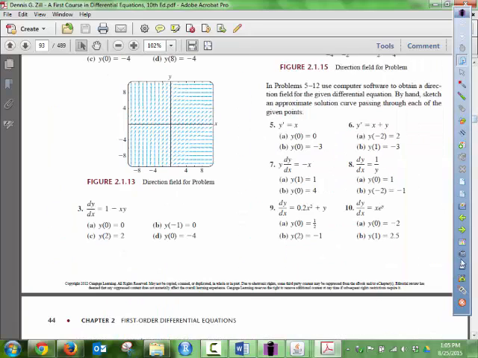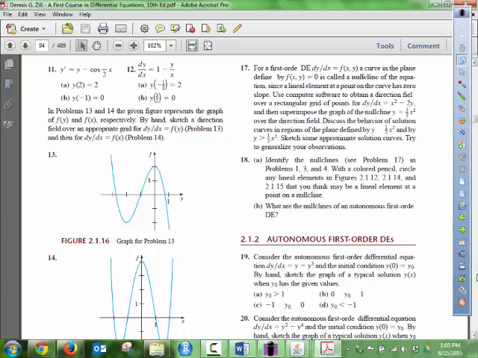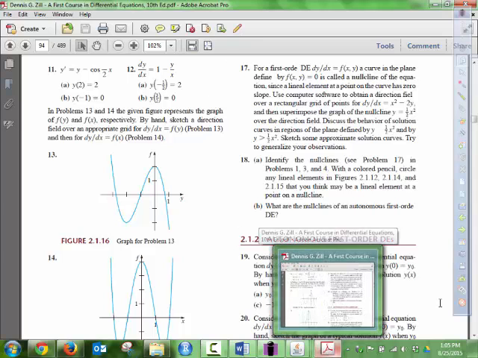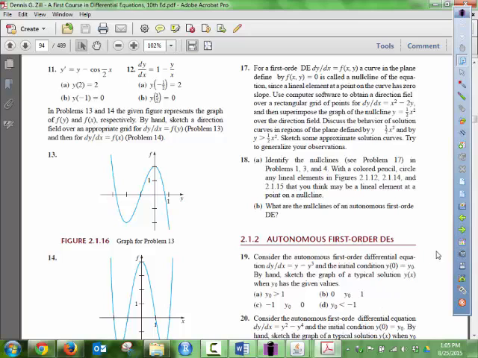So let's take some of these problems here. This might be one of your worksheet problems, but let me take a look at number 12 here.